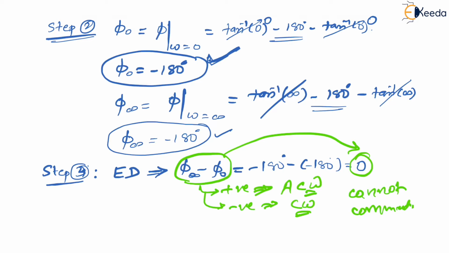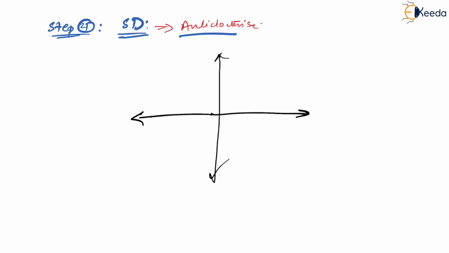M0 and phi 0: at omega equal to 0, your M is going to be infinity and this is minus 180. So what does that mean? That starting point is here, right? Or the starting point can be here. Is that correct?